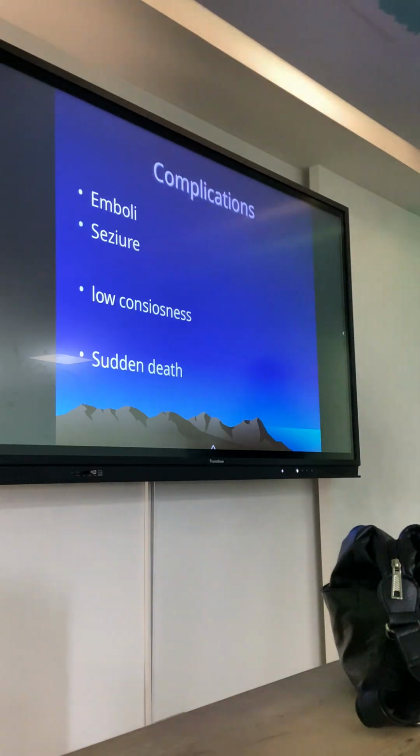Sudden death means death of the brain, death of the infant. Suddenly death. Why? Hypoxia. Hypoxia led to brain death. Because of it, this complication is very, very important and led to death.